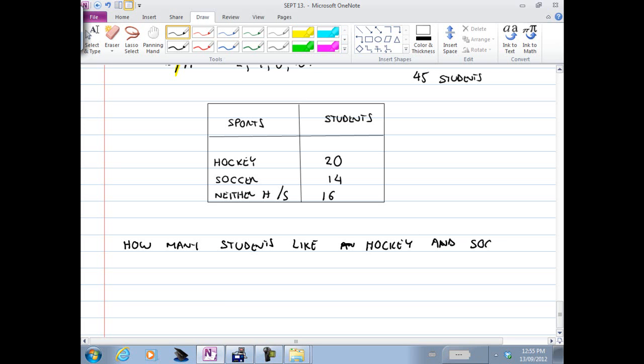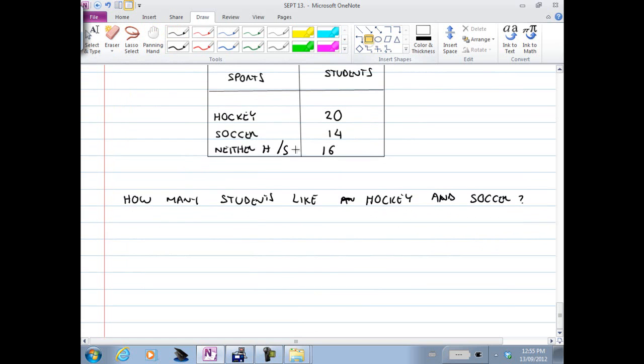I'm going to show you how to do this, because this is probably new. So we're going to draw a Venn diagram. Everything is based on Venn diagram. Have 2 circles for me, please. We know they're going to intersect because it talks about hockey and soccer. So draw 2 blank circles.